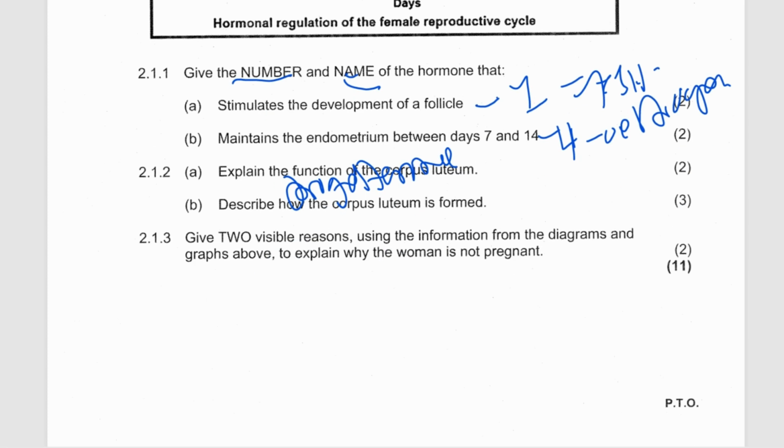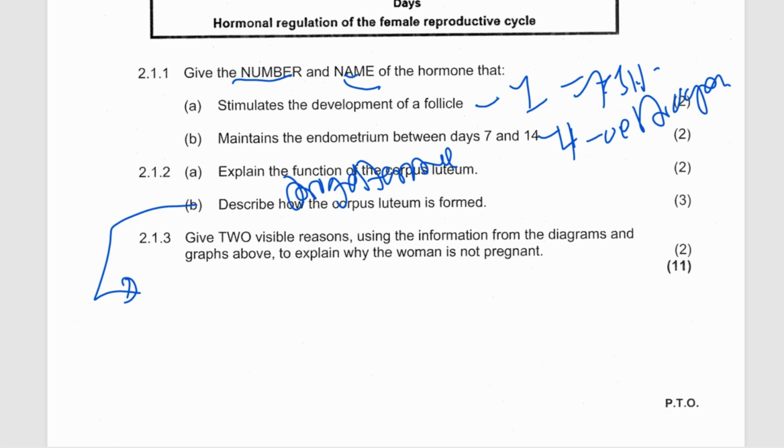How is corpus luteum formed? Corpus luteum is formed after ovulation. The Graafian follicle releases the ovum on day 14. So the remaining Graafian follicle, which is called the empty Graafian follicle, forms corpus luteum. Do you think just that is enough?